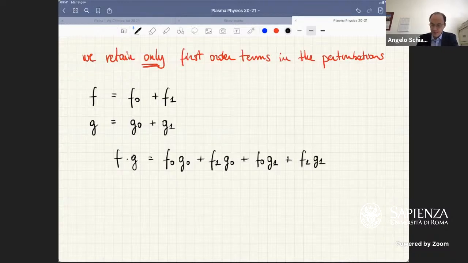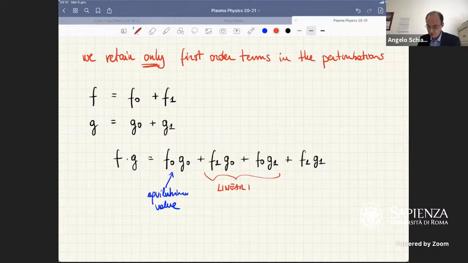Now we see that in this product of the two quantities, we have an equilibrium product. This is the equilibrium value of the product. Then we have the two terms which are the linear terms. So they are first order terms in the perturbation.